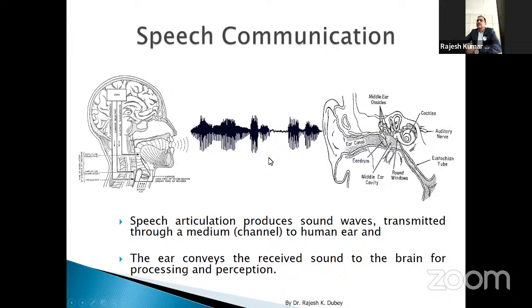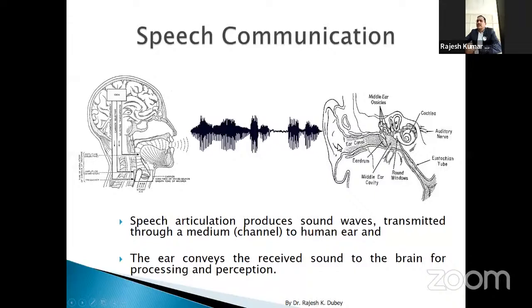In this case, at both ends, biology is involved. At the sending end, that is the speaker, it is a speech production model, and at the receiver end, the human ear and its auditory system.